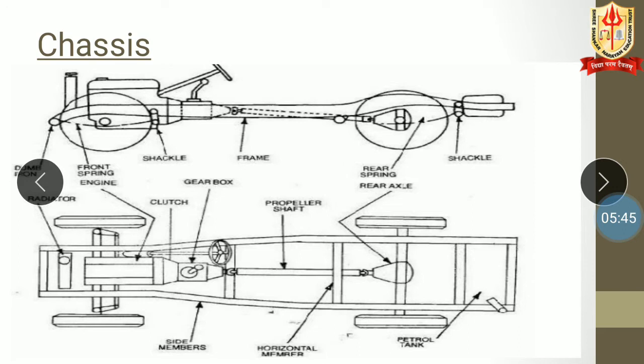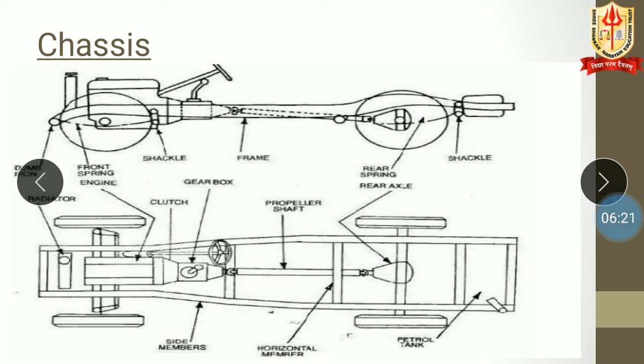Now next, moving ahead to the chassis. Chassis is the backbone of a vehicle. All the load, by default, is going to be exerted on the chassis. One question may be asked in your exam: what are the loads coming on the chassis? The answer will be that every body component mounted on the chassis, the load of that body, is going to be exerted on the chassis only.